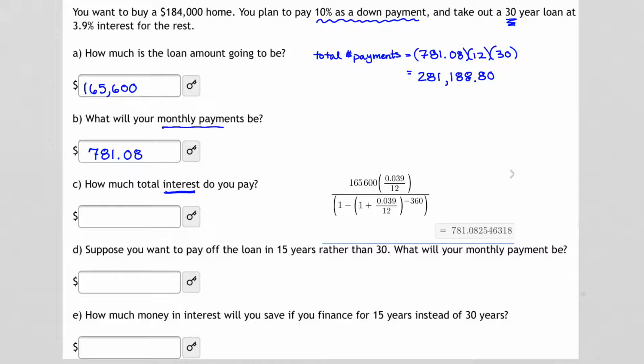So if we now take those total payments, $281,188.80, and we subtract the loan amount of $165,600, that's going to tell me the amount of interest that was paid to the loan company or the bank.